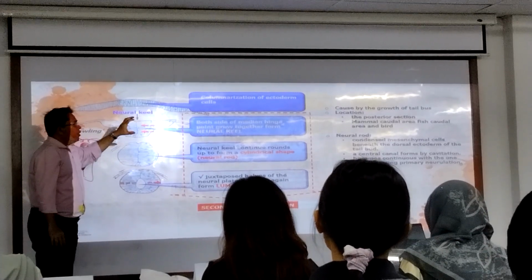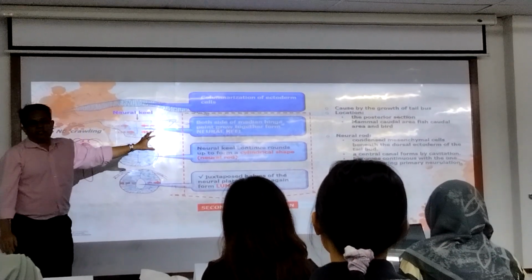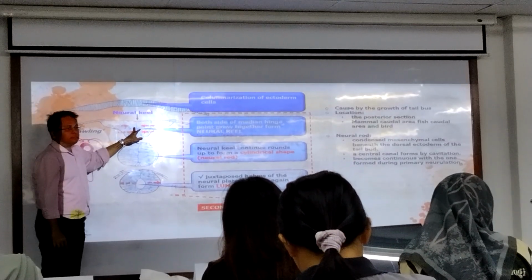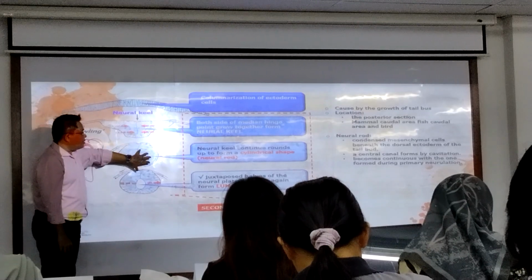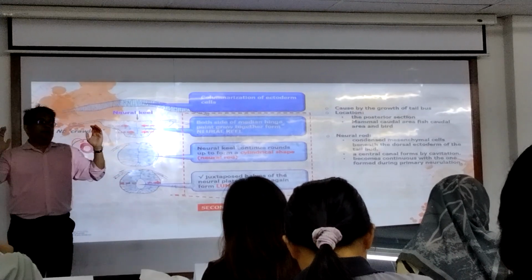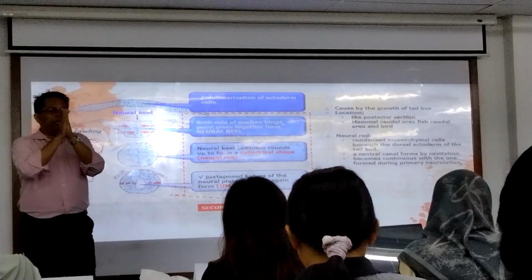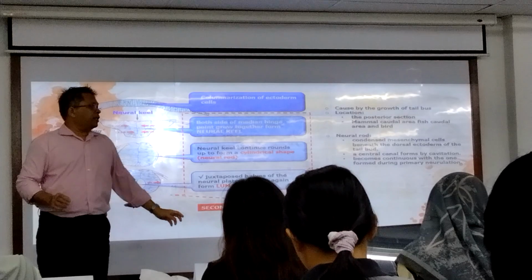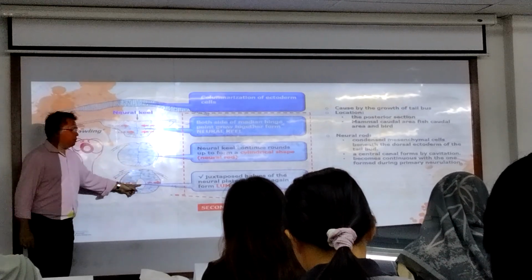In the secondary, you are not involved in any hinge systems. What you have is the neural crest. Alright. So in secondary, basically, you only have a flat structure and then opening, but in the primary, straight away you have a lumen. Alright. So now you still have a lumen.